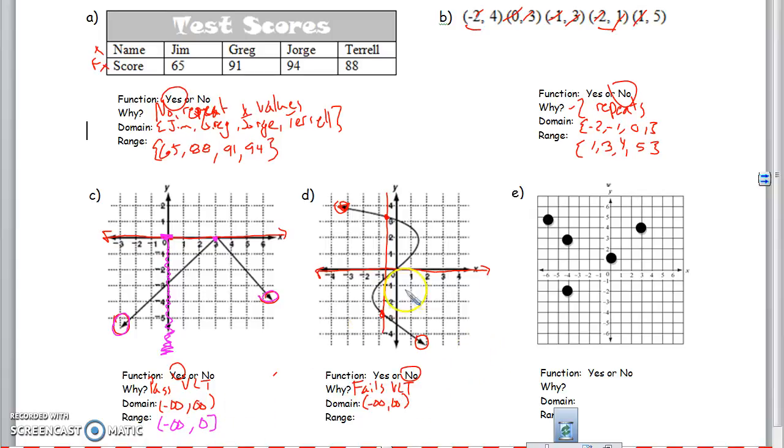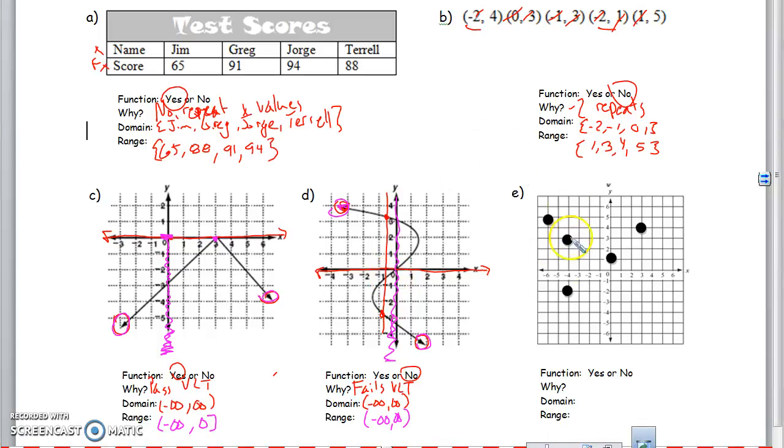Now let's talk about our range. Starting at the bottom, what do I have down here? An arrow, so it's coming from negative infinity, and I'll go up and up. Sure enough, I have an arrow up here, so it's going to positive infinity. Okay, and that's it.